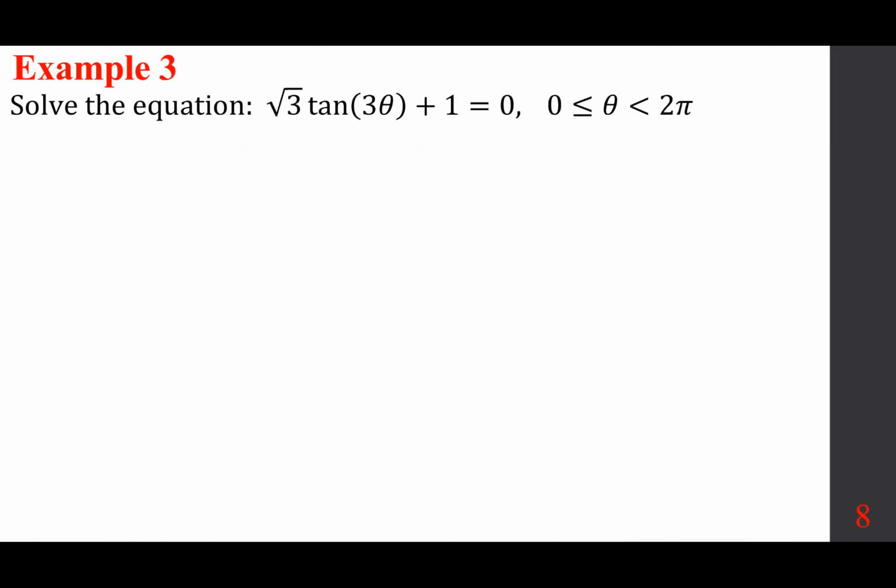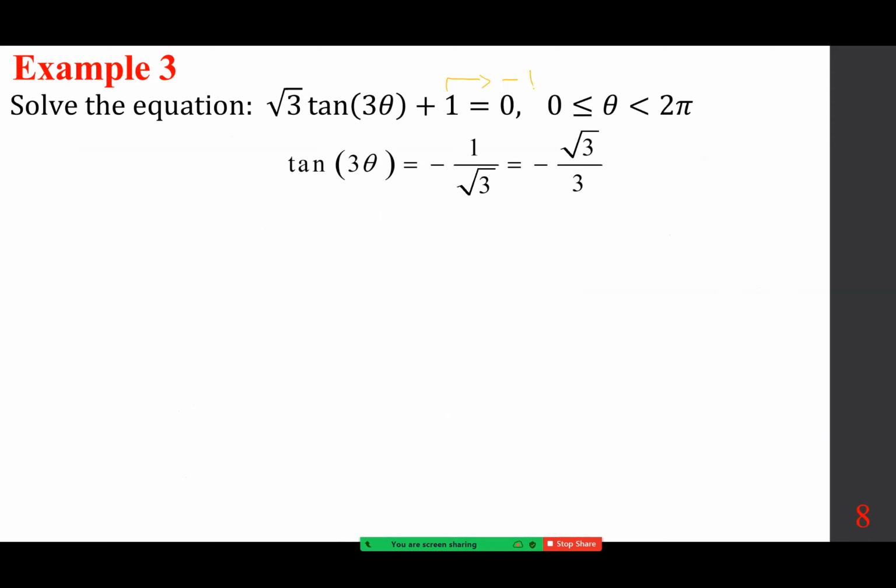We want to solve this equation. From 0 to 2 pi, we are going to move the 1, and we are going to divide by square root of 3. We get -1 over square root of 3 or negative square root of 3 over 3.